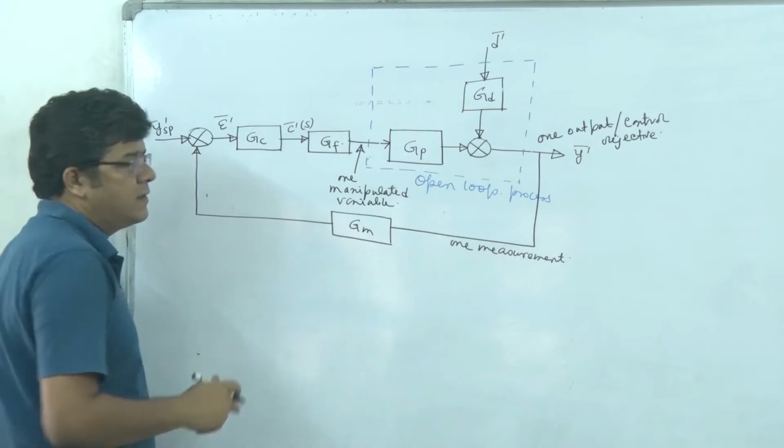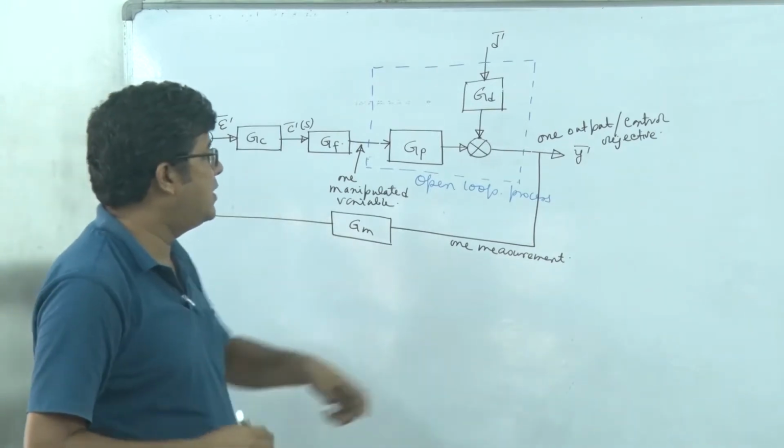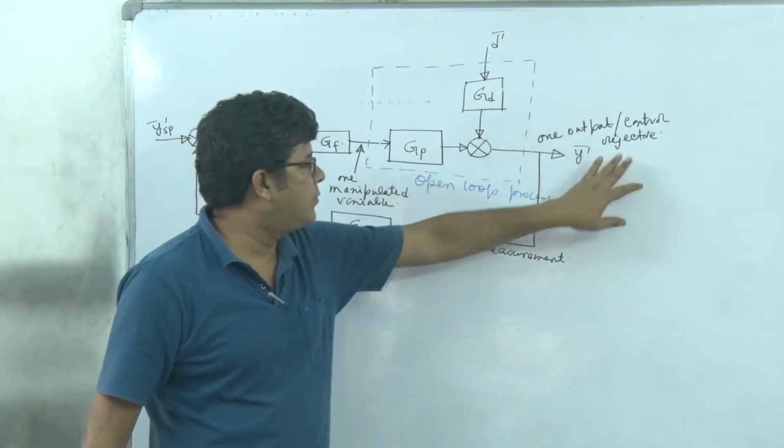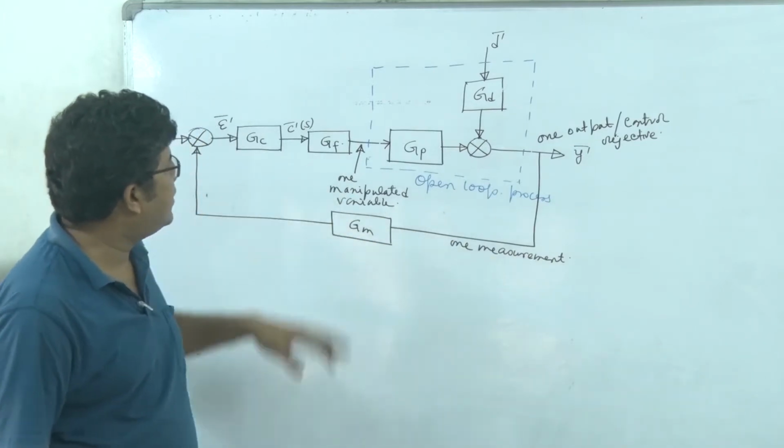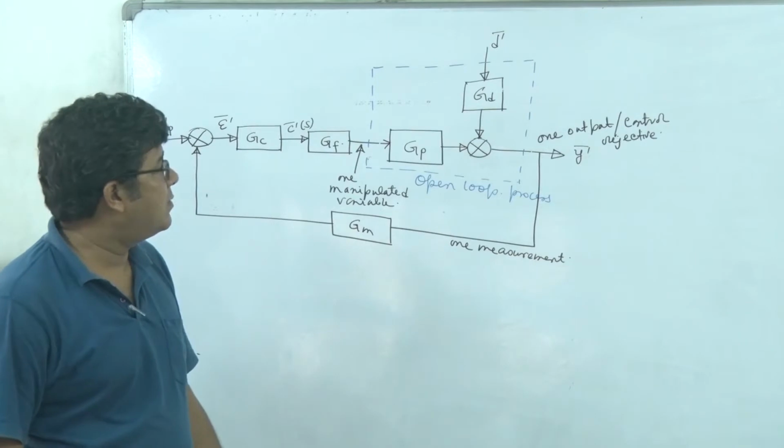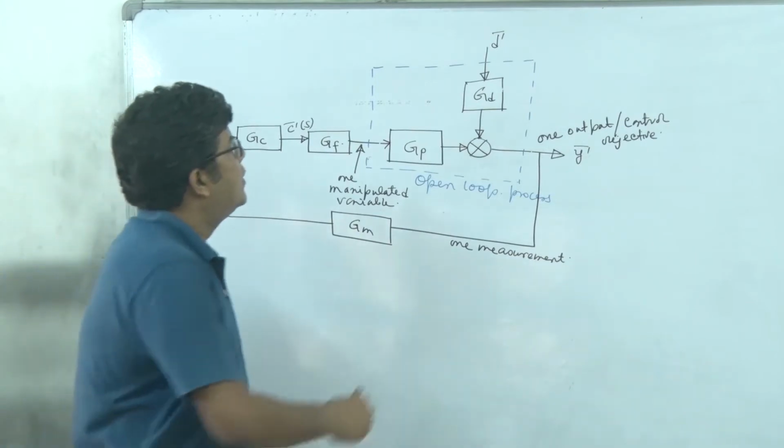So everything is consistent in number. That means for one control objective, we have one measurement, and definitely there will be one manipulated variable, right?